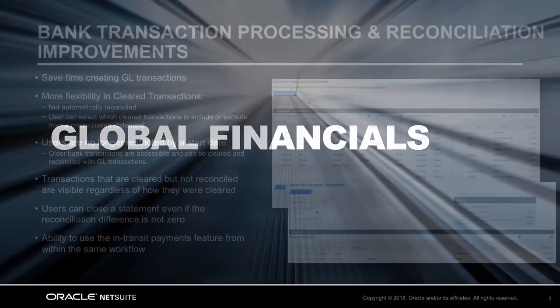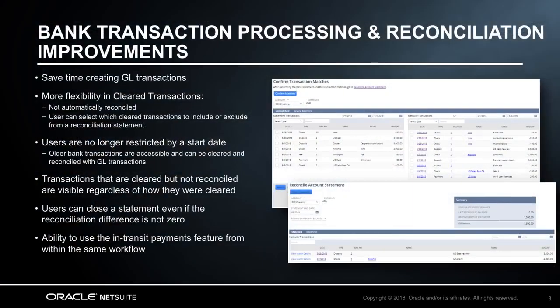Let's kick it off. In Release 18.2, NetSuite continues to advance towards continuous reconciliation with this new functionality. Account reconciliation has been redesigned to separate the matching activity from reconciliation, as well as bring some capabilities from the old reconciliation page to the new design.